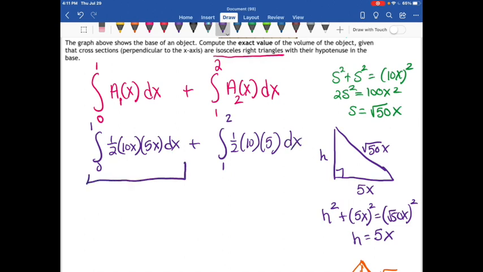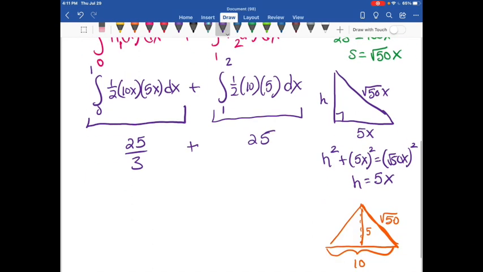Now, when I find the answer to the first integral, you're going to find that you get 25/3. When you find the answer to the second integral, you're going to find that you get 25. And because the question specifically said to leave it as exact, if I add these fractions, I'm going to make this a 75/3, which is still equivalent to 25.